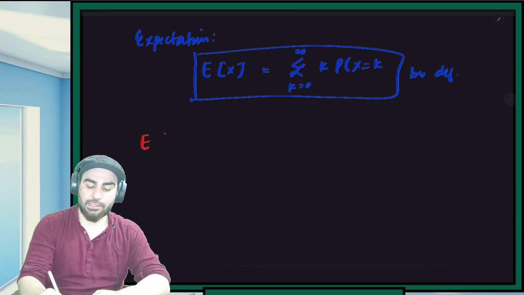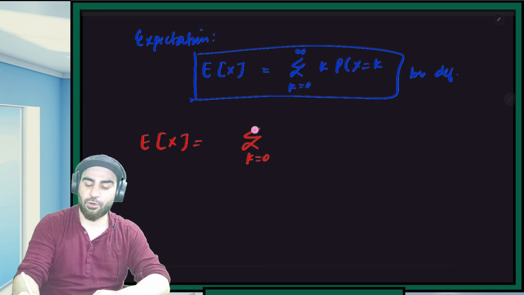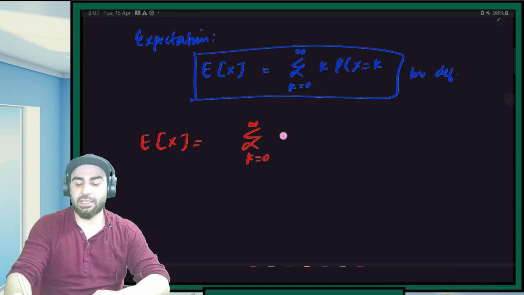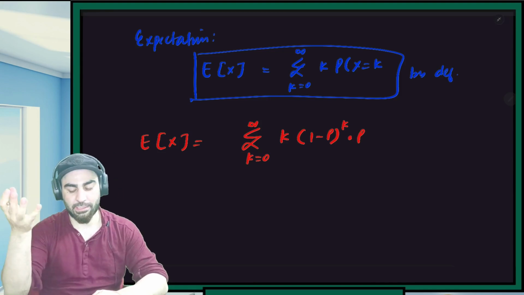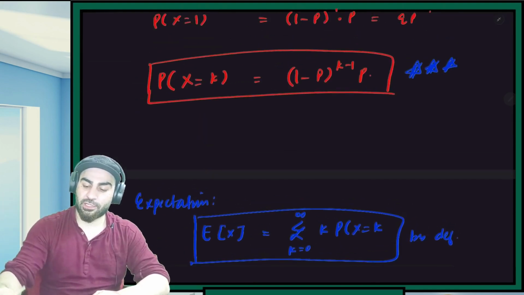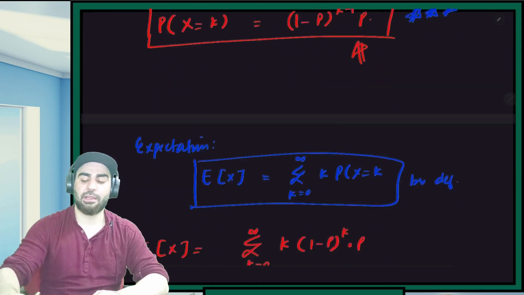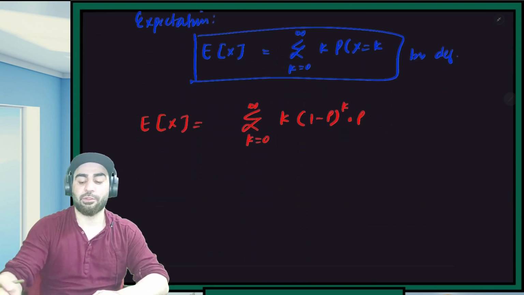So E of x is equal to the summation of k from 0 to infinity of k into 1 minus p, the probability of failure, to the power k, multiplied by p. We'll use the definition that we discussed earlier. In Ross and others you will see this definition. It doesn't make much of a difference, you just have to adjust the value.